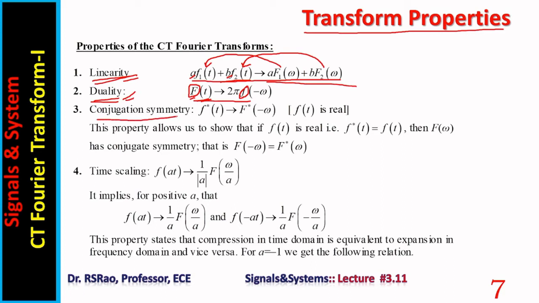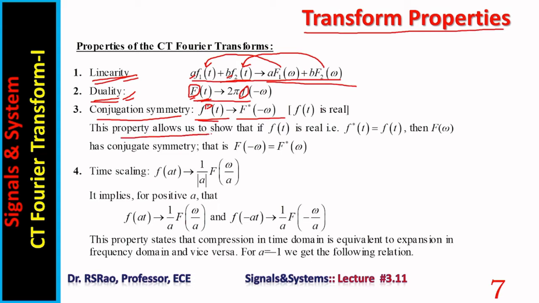Next, conjugation symmetry. f of t is the signal, and the star here indicates conjugate. You consider the conjugate of f of t. For the conjugate of f of t, the Fourier transform is the conjugate of the Fourier transform of f of t with minus omega in place of omega.